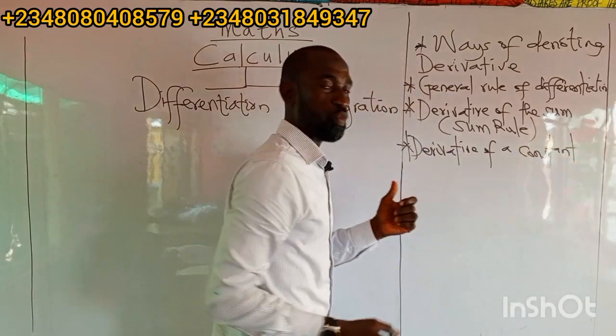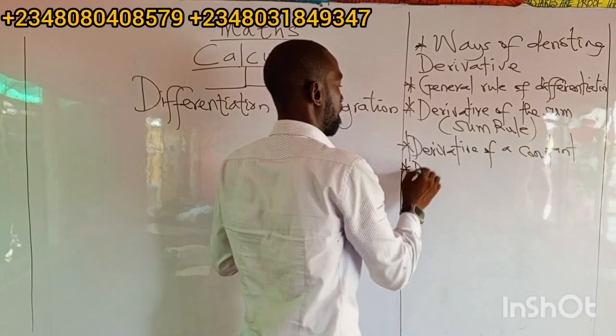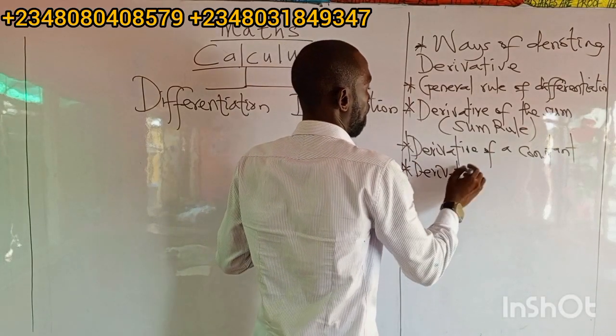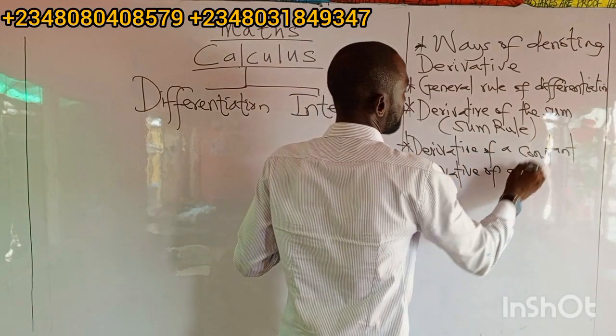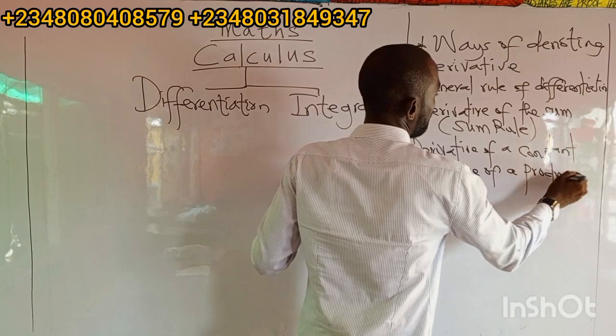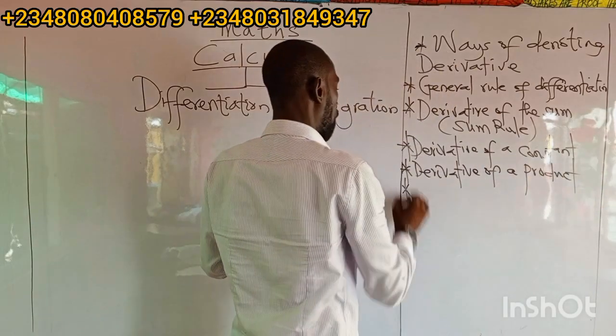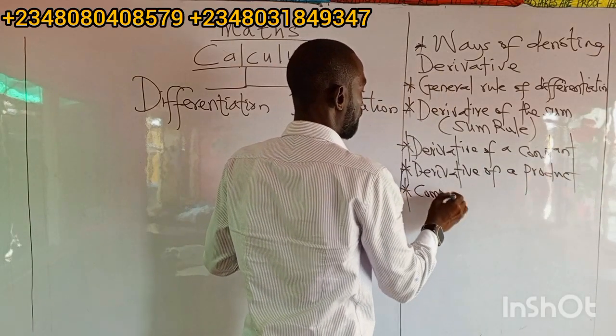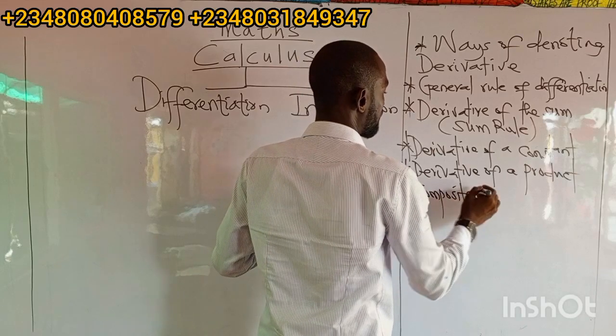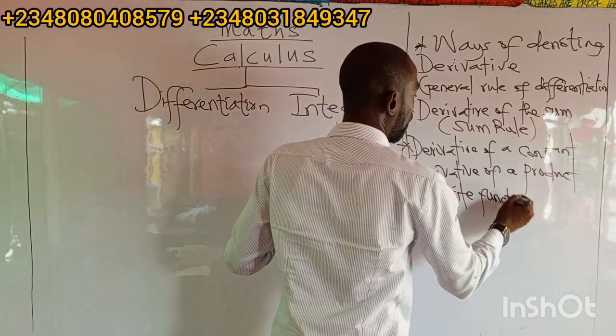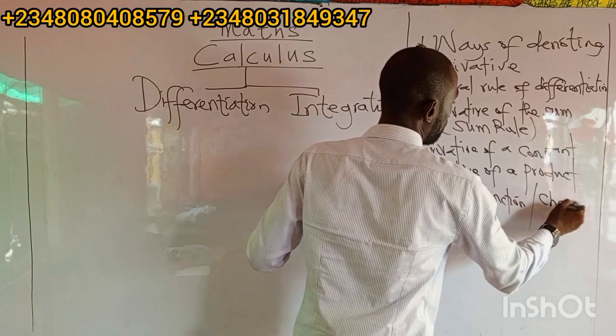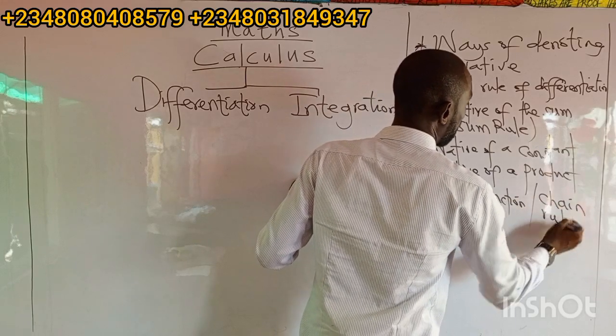Then after this, we look at the derivative of a product. And after this, we look at what we call composite function, or chain rule of differentiation.